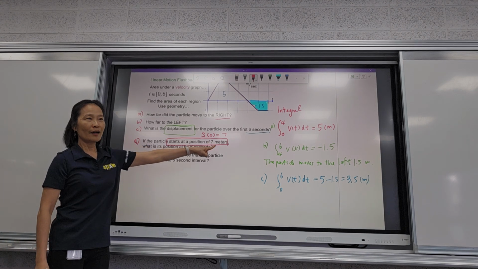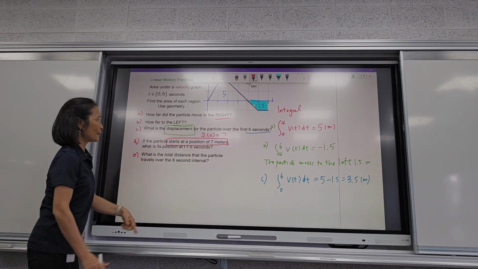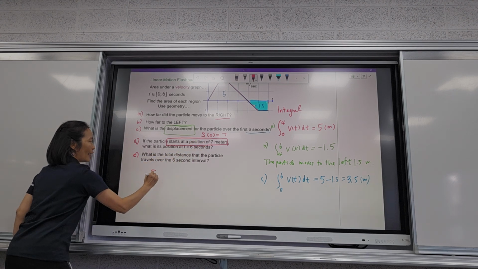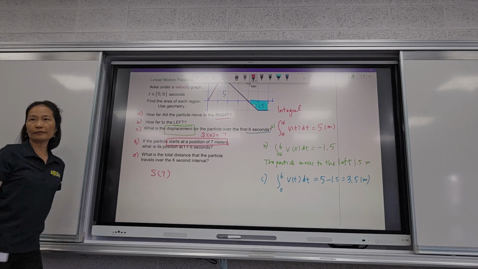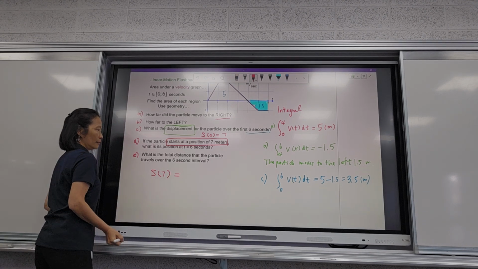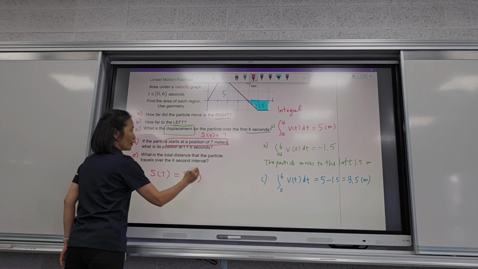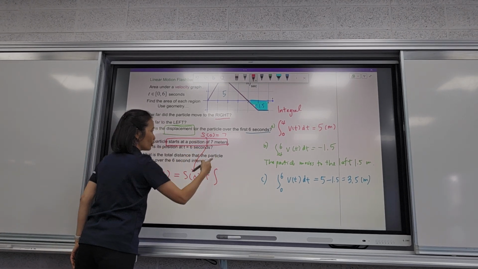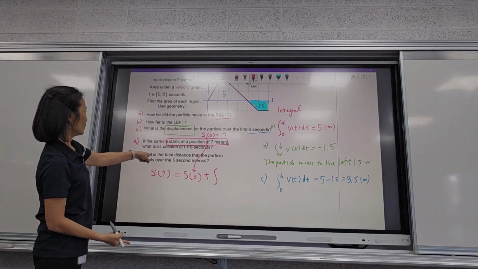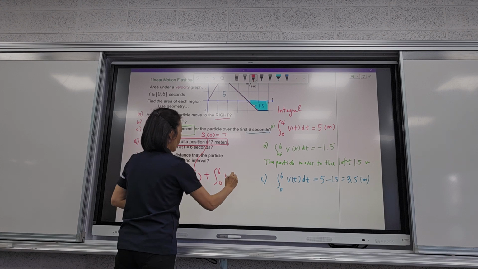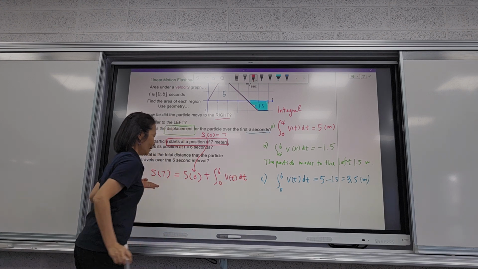Remember our fundamental theorem of calculus. I want to find the ending position: S of 6 is equal to S of 0, the initial position, plus the change, the integral from 0 to 6 of v of t dt.